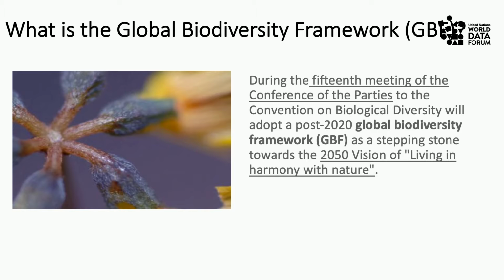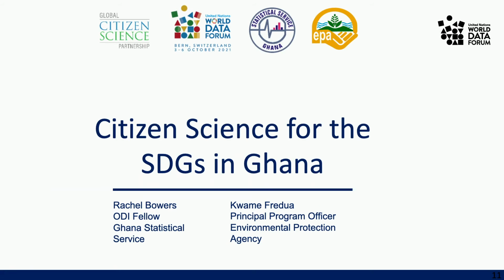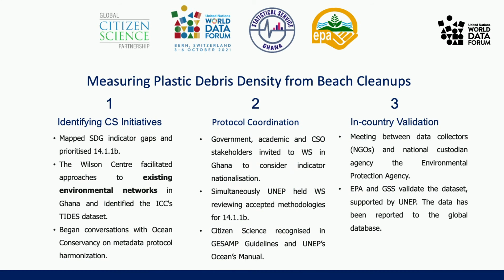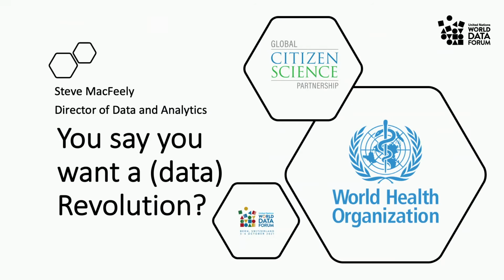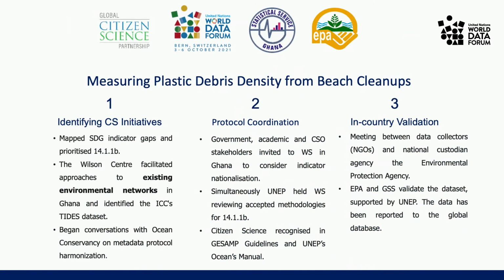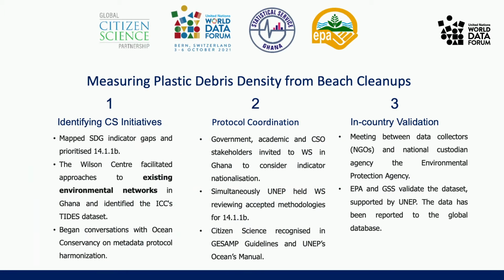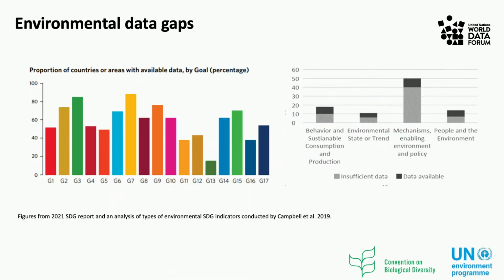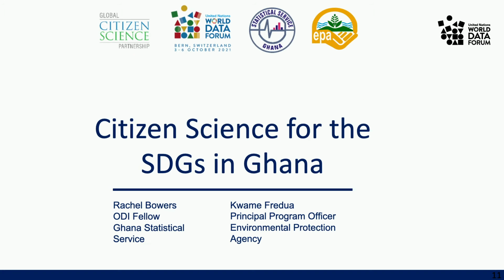And so I just wanted to conclude by saying, if you go to the next slide, that in addition to the SDGs, there are still measures that we need in terms of understanding our planet, in terms of understanding the natural resources that we have. And citizen science is even better positioned, actually, to measure some of these indicators that will tell us what the health of the planet is.